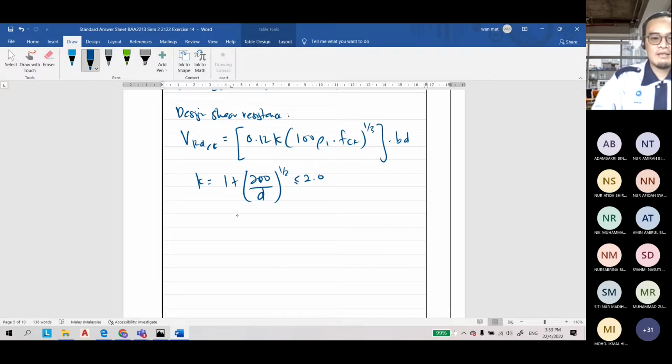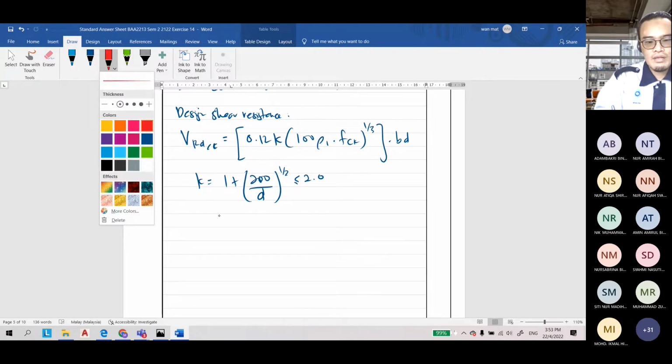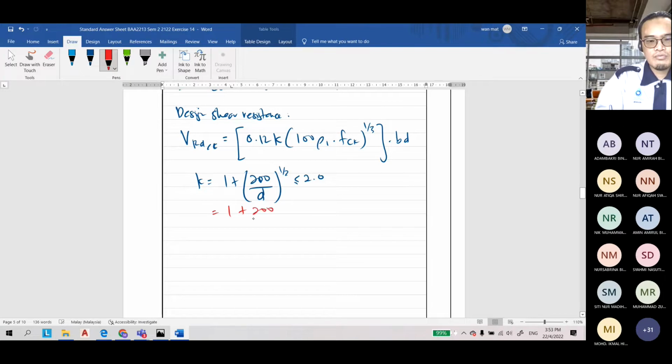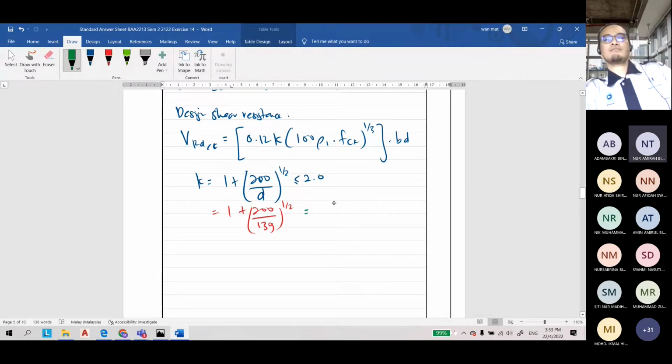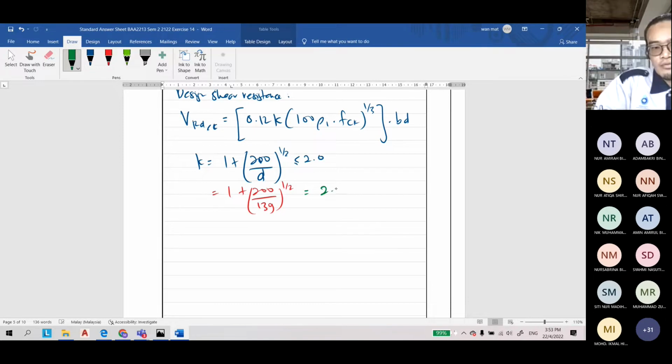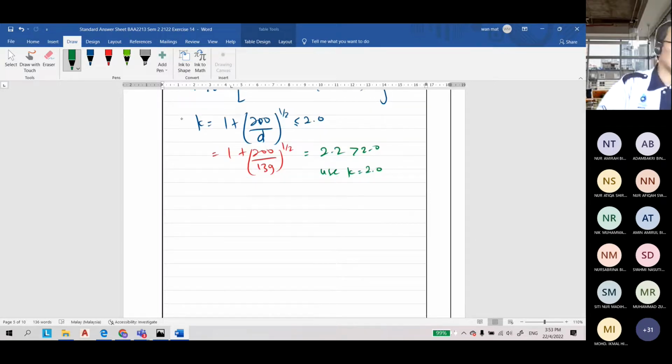And then the value of K, let's calculate together. K equals 1 plus the square root of 200 divided by 139, so equal to 2.2. 2.2 is greater than 2.0, so you use K equal to 2.0. This is not similar to the value of K for deflection, so don't be confused.